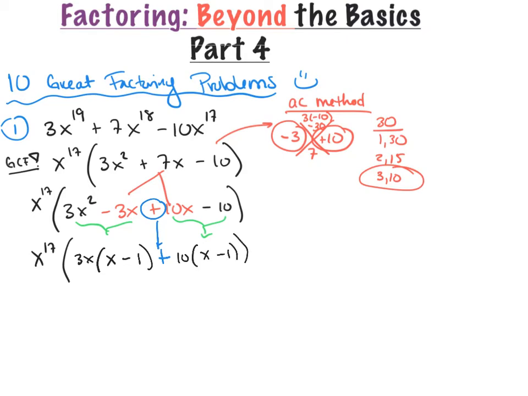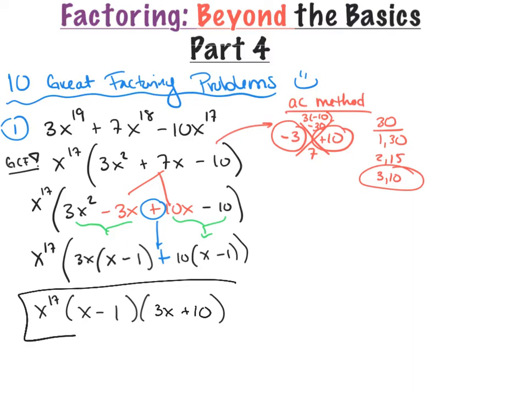So here's how we're going to write our answer. X minus 1 gets factored out, and what's left over is 3x plus 10, with the x to the 17 from step 1 written in front.